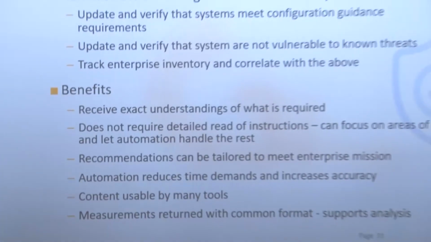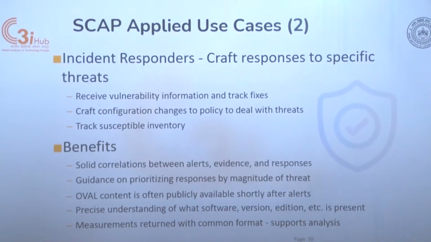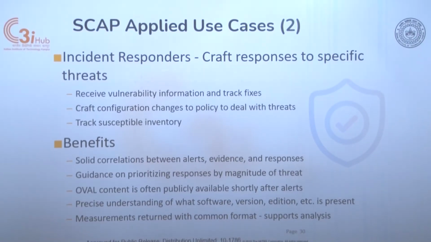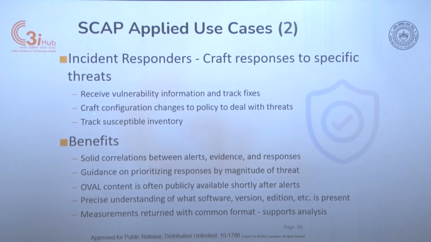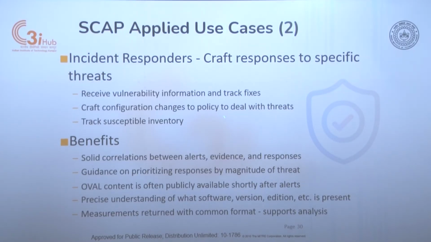So, incident responders receive vulnerability information and track whether fixes are done. They do configuration change tracking to make sure that, according to policy, the configuration change has been applied, and track susceptible inventory, any asset that is susceptible to a vulnerability, so you can see what to do, like whether to decommission it, temporarily shut it down, or temporarily disconnect it from the network.